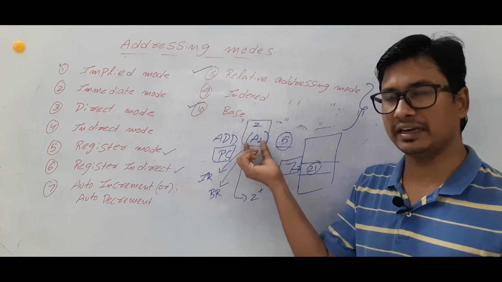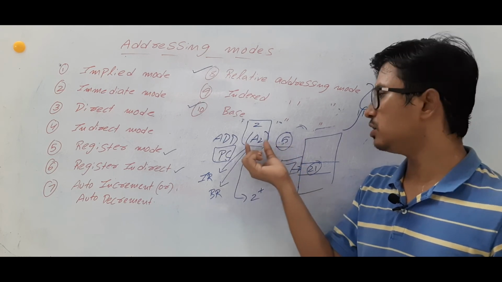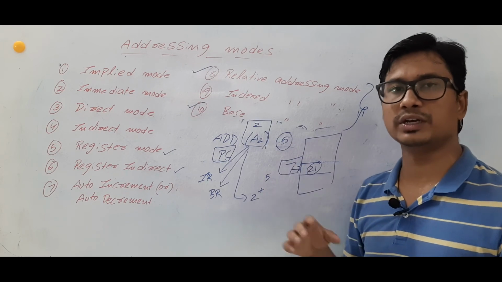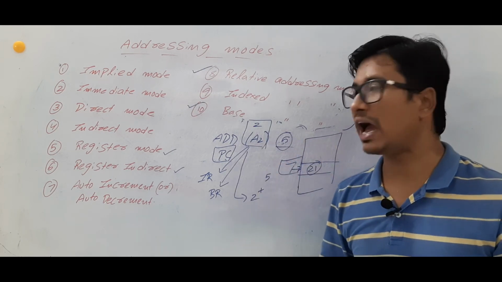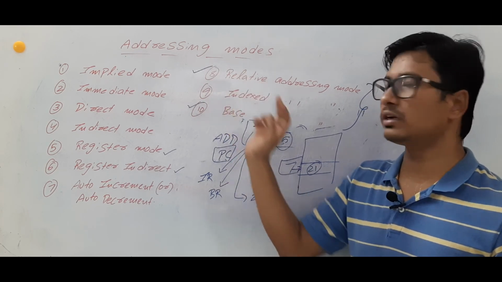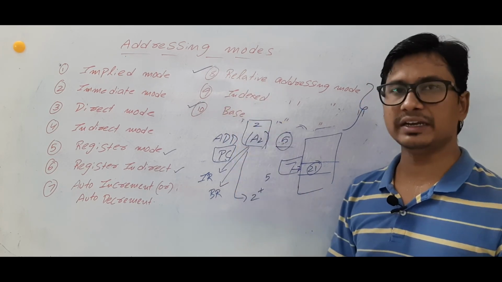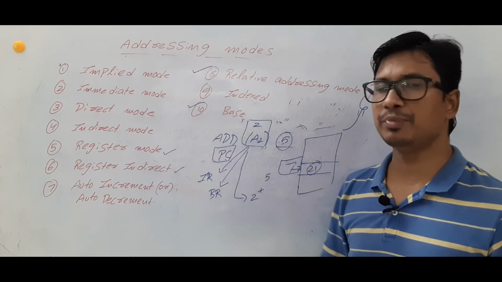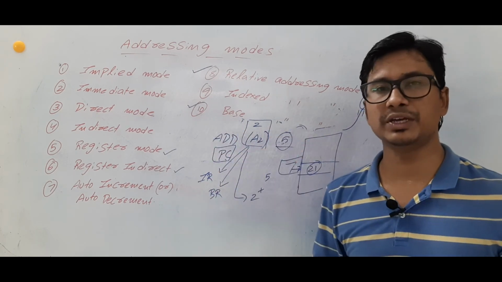You will have an address and an offset. You perform addition on these two values, go to that particular location of the main memory and fetch the value. If it is the program counter, we call it relative addressing mode. If you have an index register, we call it indexed addressing mode. If you have a base register, we call it base addressing mode.